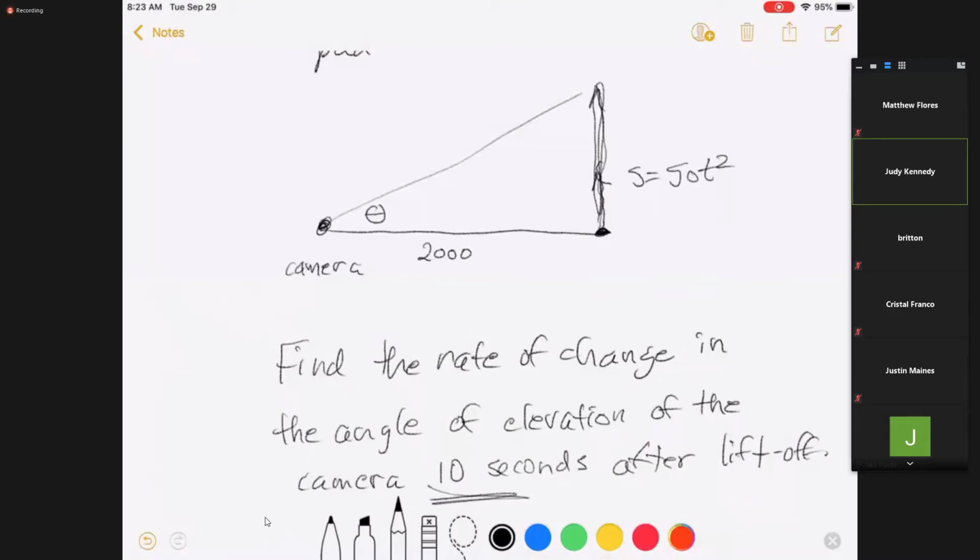The Pythagorean theorem applies here, but that's not really going to help me much because I want to know about how fast that angle is changing. But I've got a right triangle.